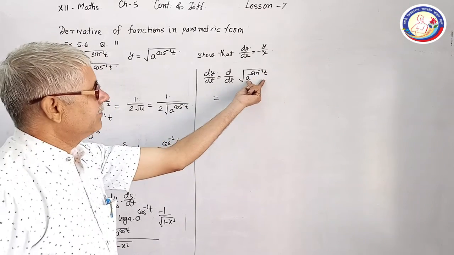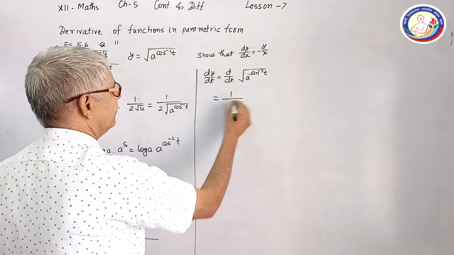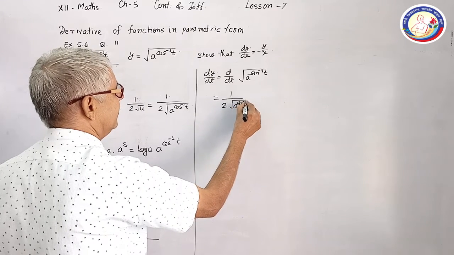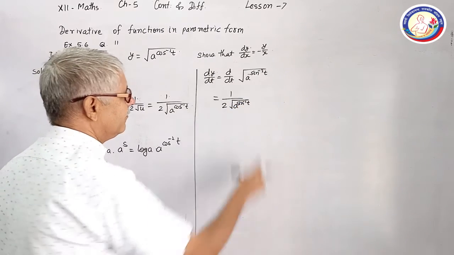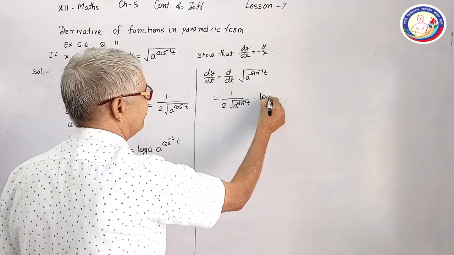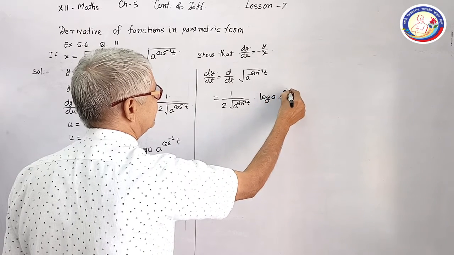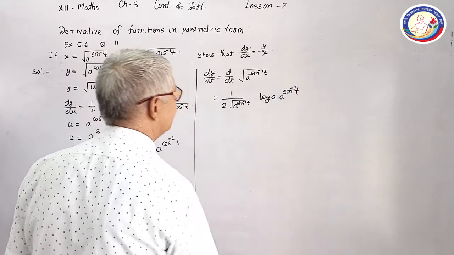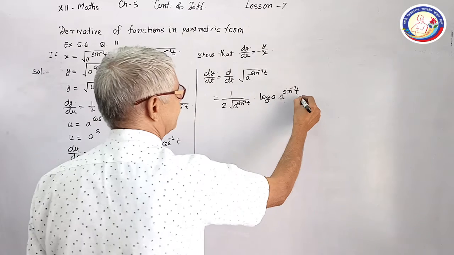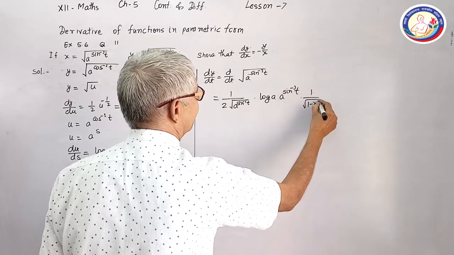Taking this as a function, it is a square root, so it will be 1 upon 2 square root of a raised to power sine inverse t. Then the derivative of a raised to power sine inverse t, we shall have log of a and a raised to power sine inverse t. And then the derivative of sine inverse t with respect to t, we will get 1 upon square root of 1 minus x square.